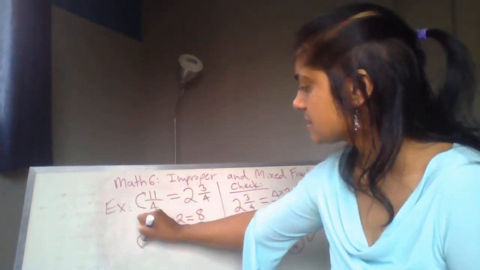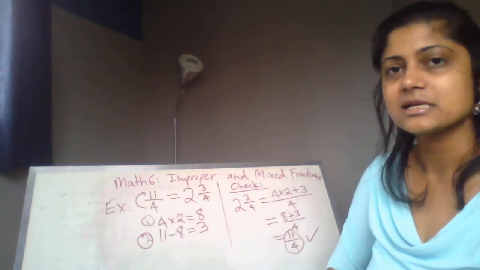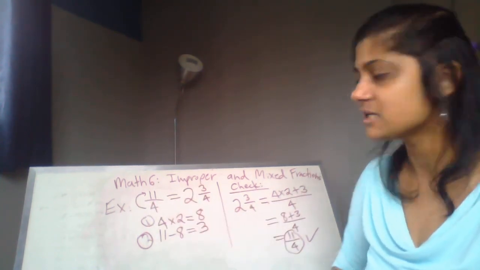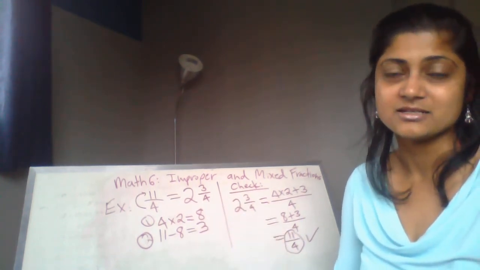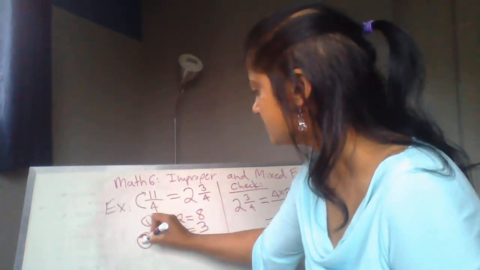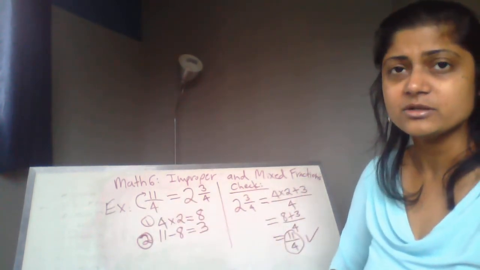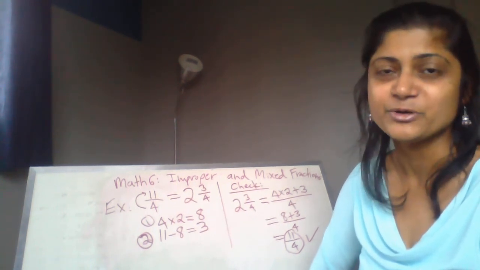And then in the second step, what I'm going to do, we put a 2 here. Okay, in the second step, I'm going to take the numerator and subtract the number that I got from step 1. And that tells you how many sticks, okay, are left over, okay? And that way, whatever is left over is basically what the numerator is going to be in your mixed number, all right?